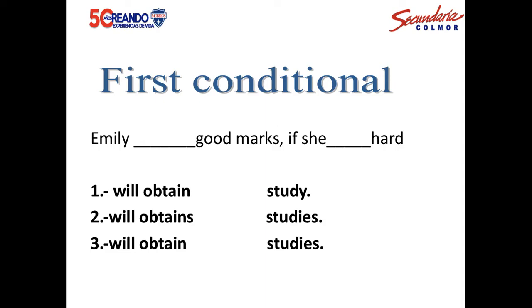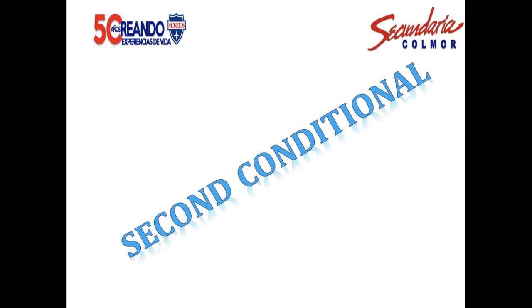What do you think is the correct option? Number three, perfect. Yes, it is. So the sentence is: Emily will obtain good marks if she studies hard. Very good, guys.